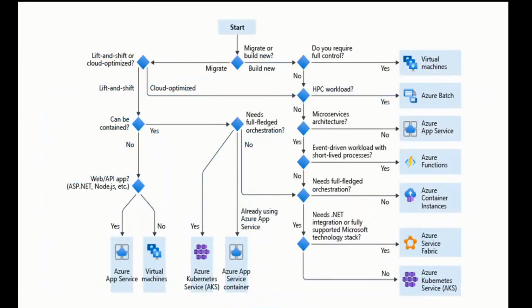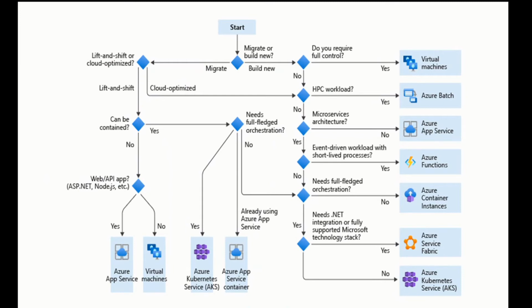This flowchart, or decision chart, really explains everything in detail. There are a lot of different services that you can make use of depending on the type of application that you either want to create or have hosted in Azure.